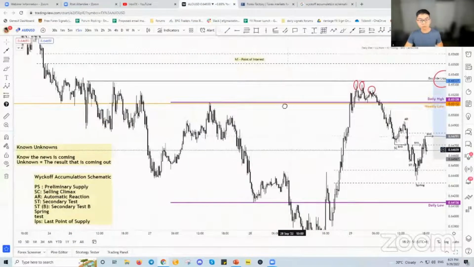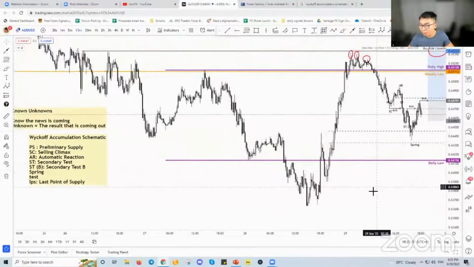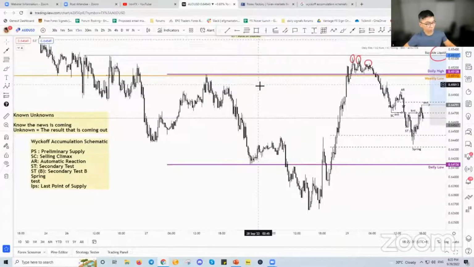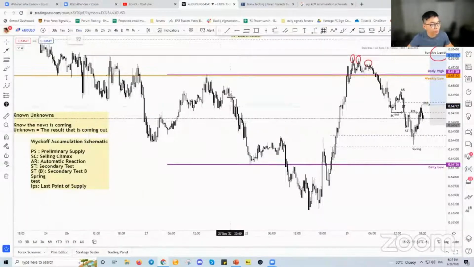Okay, how do we draw a proper Elliott wave and predict the end of the wave, where we can either buy or start selling? We start with the Elliott motive wave, also known as the impulse wave.